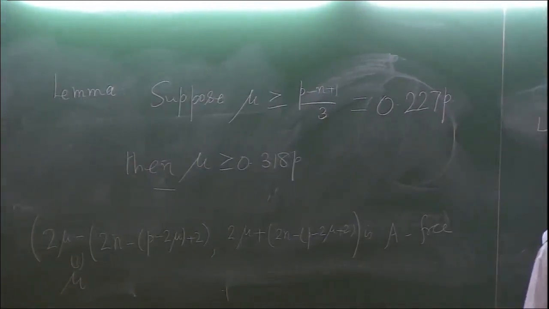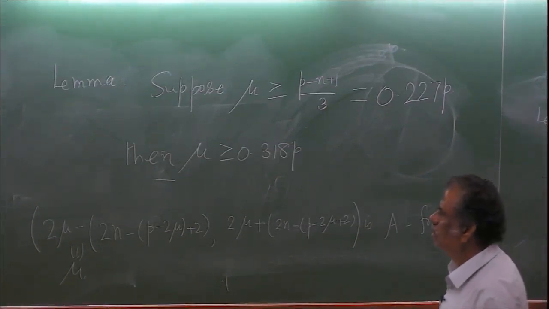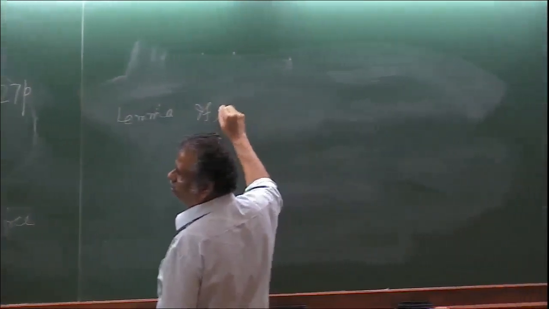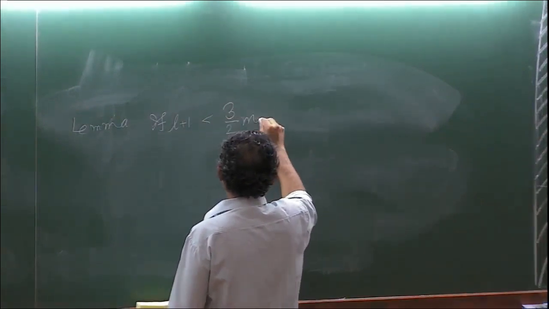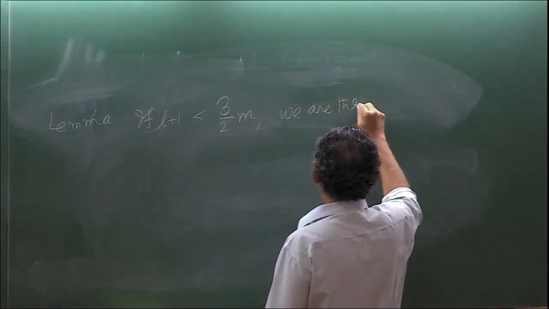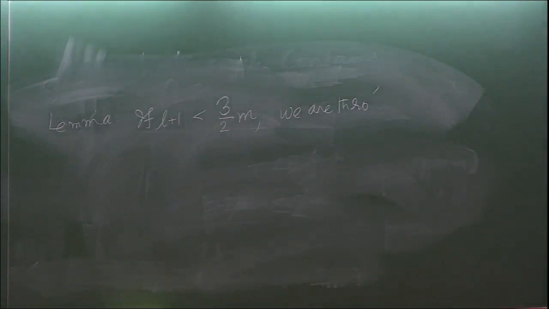Therefore, that's a lemma: if L plus 1 is less than 3 by 2 times m, we are through. Okay, let's prove that.